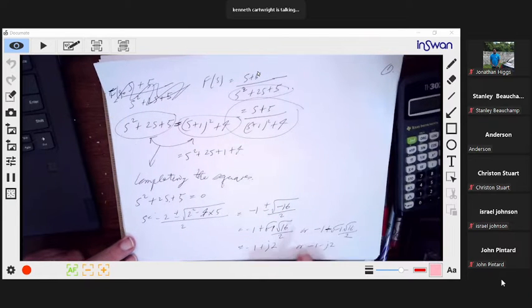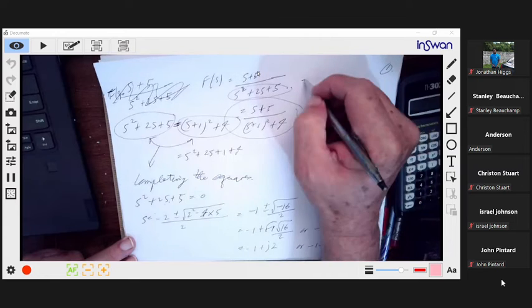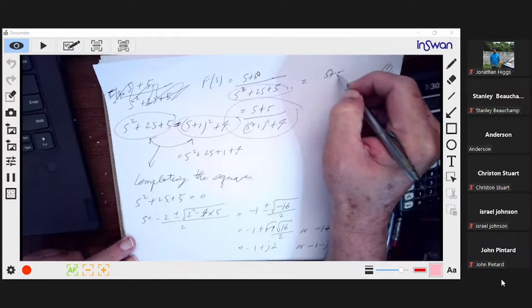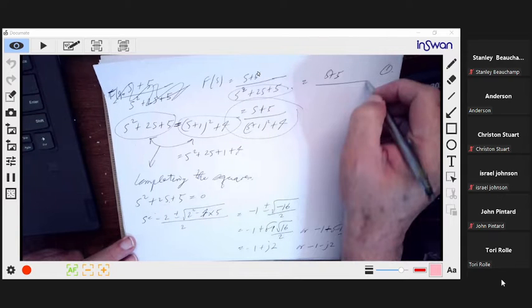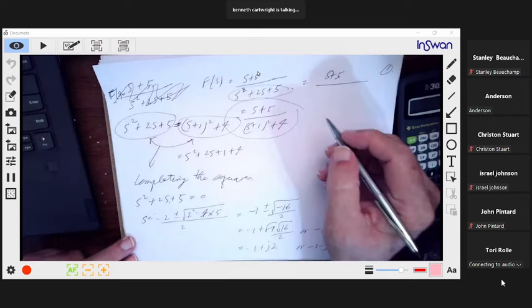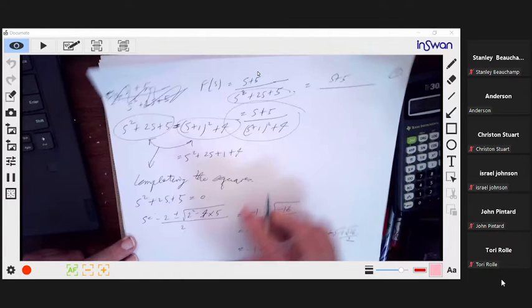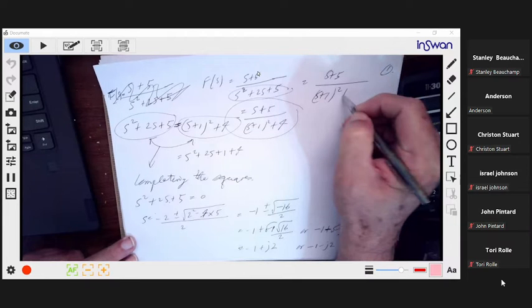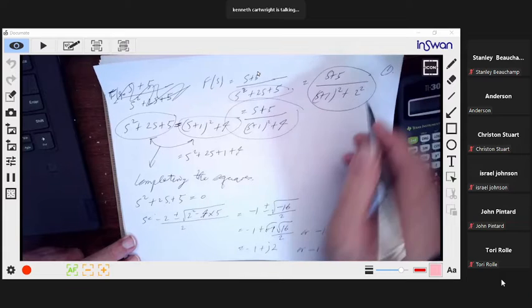Okay. So the roots of this, we could factorize it if we want, but we don't need to factorize it. This is what we did last class.